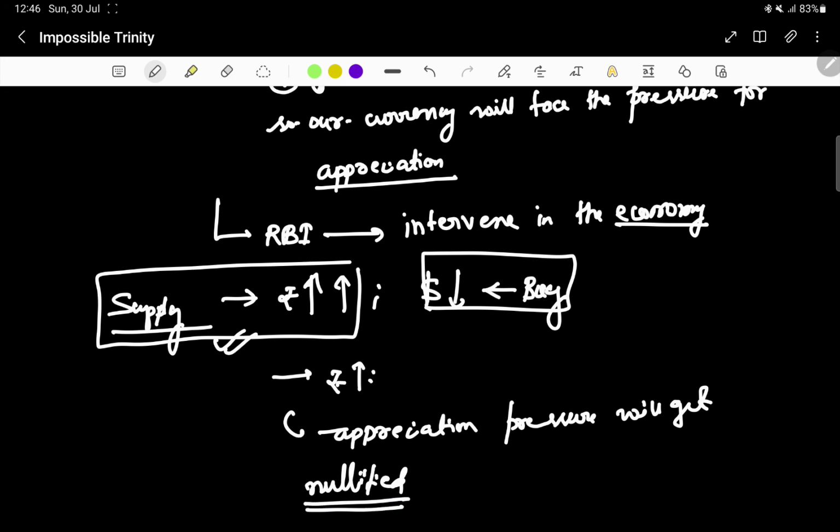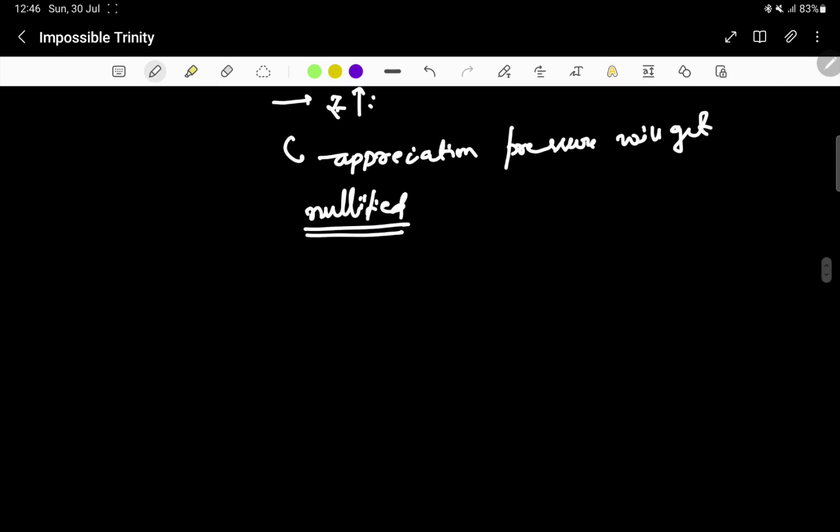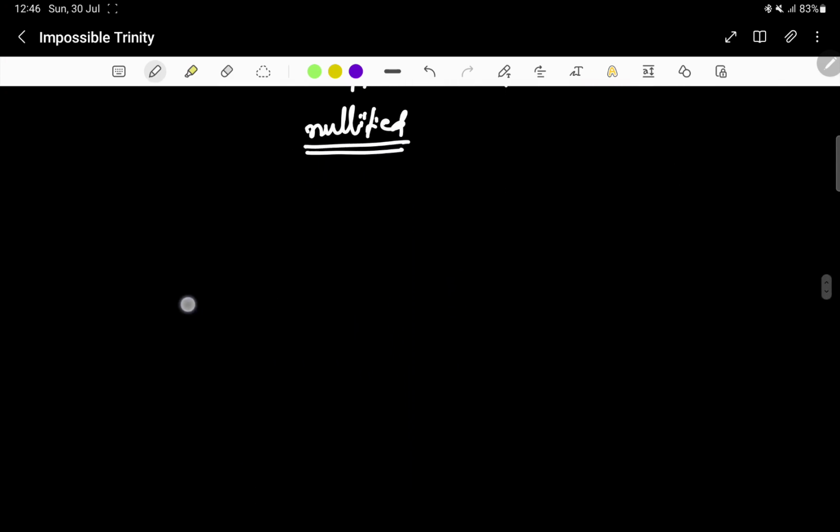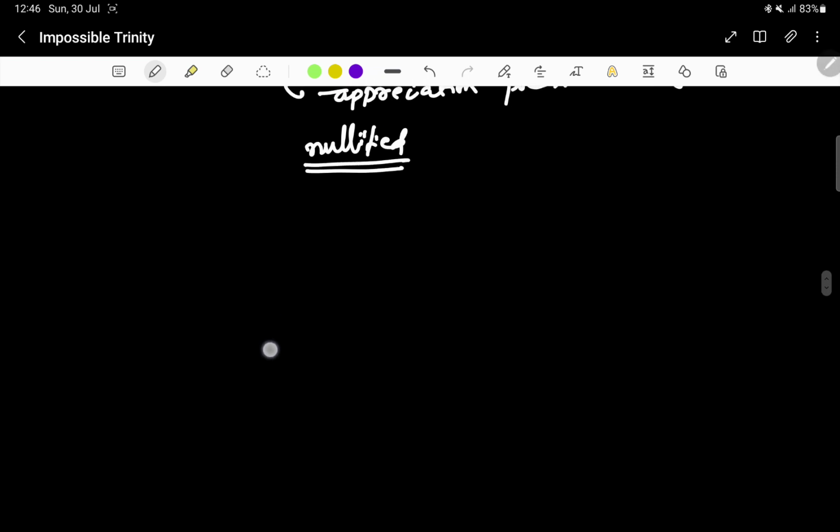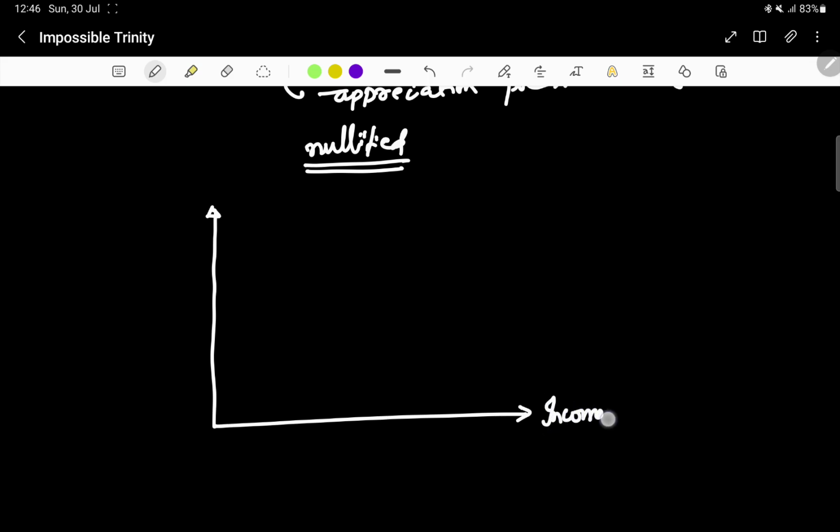We can see it from a diagram which we call the Mundell-Fleming diagram. Here we are assuming this is our x-axis and this is the y-axis. On the x-axis we are taking income or output, writing it as Y, and here the interest rate. This line shows our perfect capital mobility.